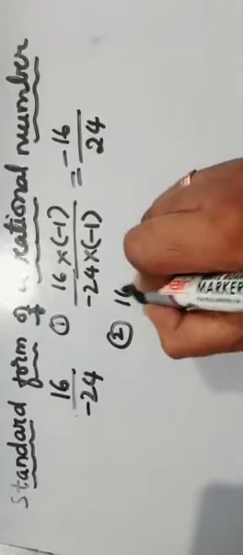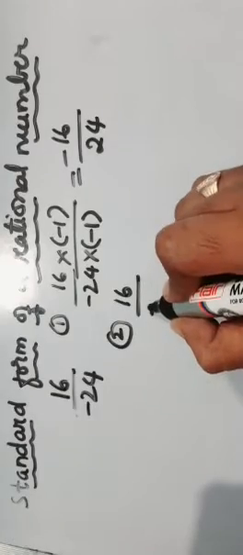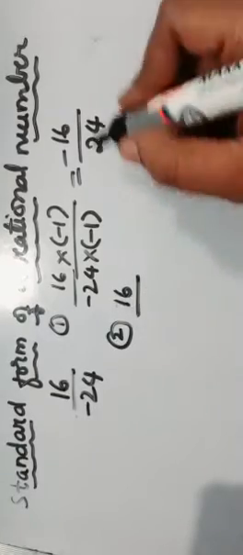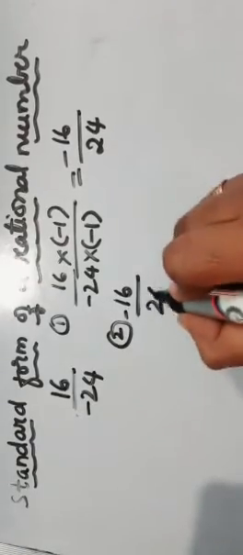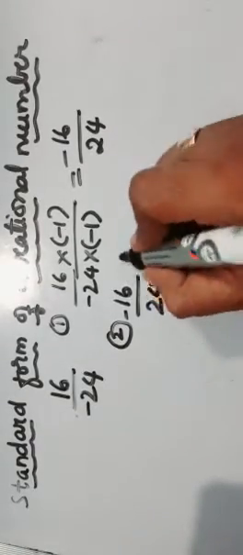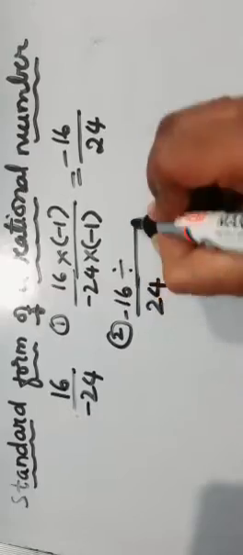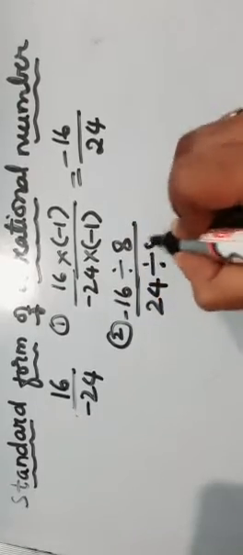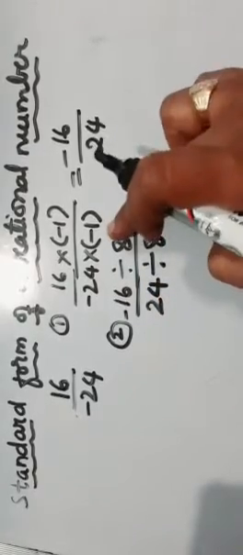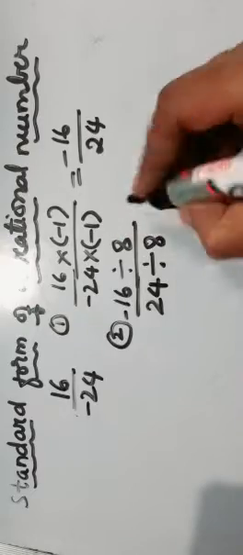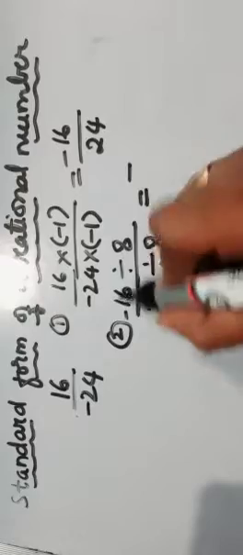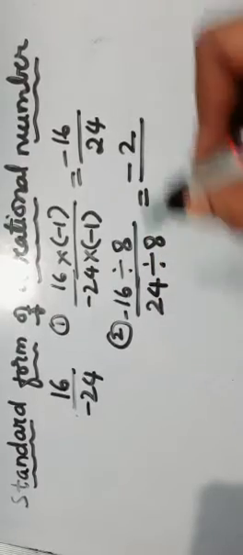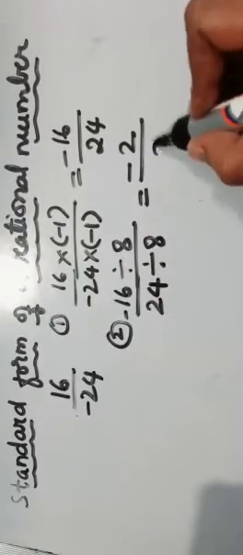Let us see how. I take the converted rational number minus 16 by 24 and divide numerator with 8 and also denominator with 8, which is the HCF, highest common factor, and what we get in the answer is minus 8 2s are 16 in the numerator, 8 3s are 24.